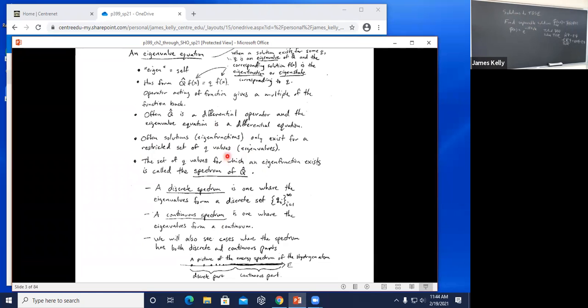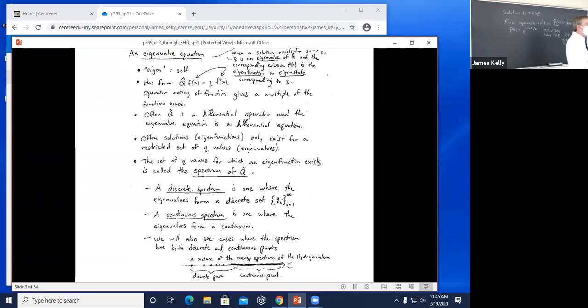Generally, if you have a generic eigenvalue equation or an equation for an eigenfunction for some operator, here we're talking about the Hamiltonian operator, but in general they look like this, they're probably not going to be normalizable for any old Q. And so the collection of Q for which these solutions will be normalizable, for which we'll actually have physical states, is called the spectrum.